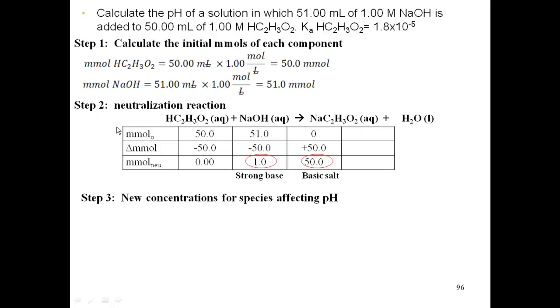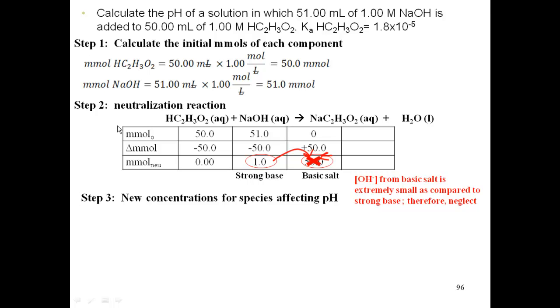And you also got to realize that basic salt is going to shift in equilibrium because I have some of this strong base that's coming. So it's going to be even less hydroxide coming from that basic salt. So whatever numbers I show you, really it's worse than that because of the shift. Okay, so the hydroxide from the basic salt is extremely small as compared to the strong base, therefore we're going to neglect it.